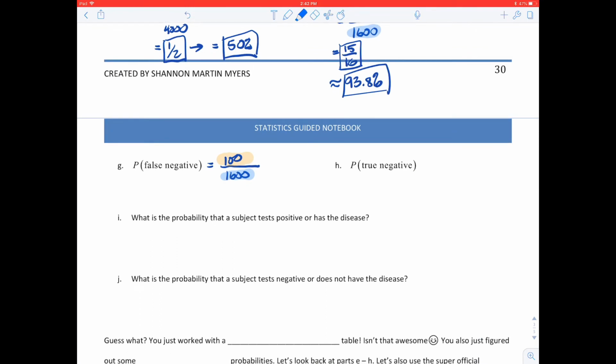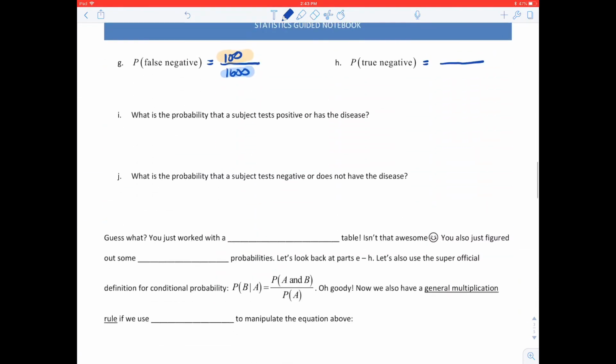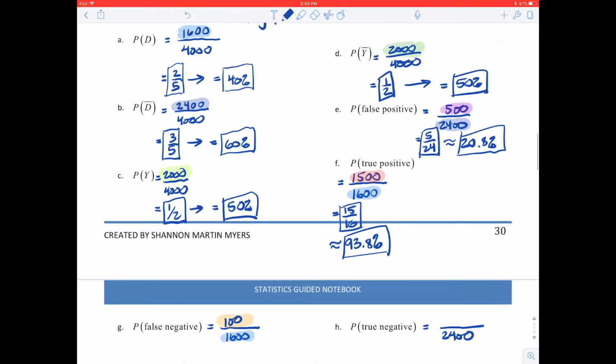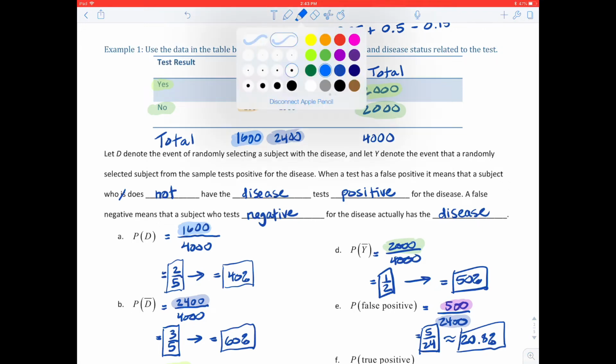What about a true negative? That would mean that the person, great, does not have the disease. So we decided that 2,400 did not have the disease. And of those 2,400, how many tested negative? Perfect, 1,900.